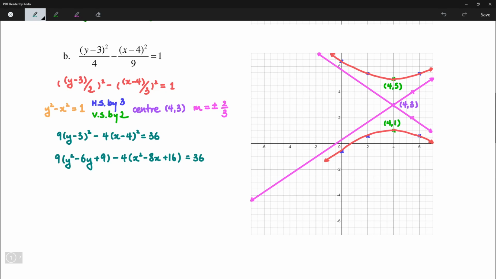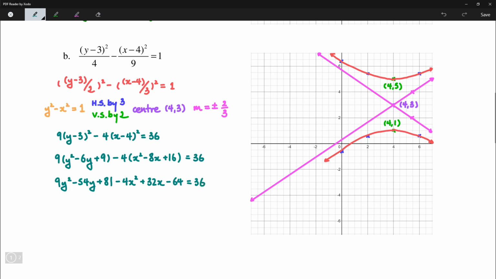And then now we're going to distribute. So 9y squared minus 54y plus 81 minus 4x squared plus 32x minus 64 is going to be equal to 36.